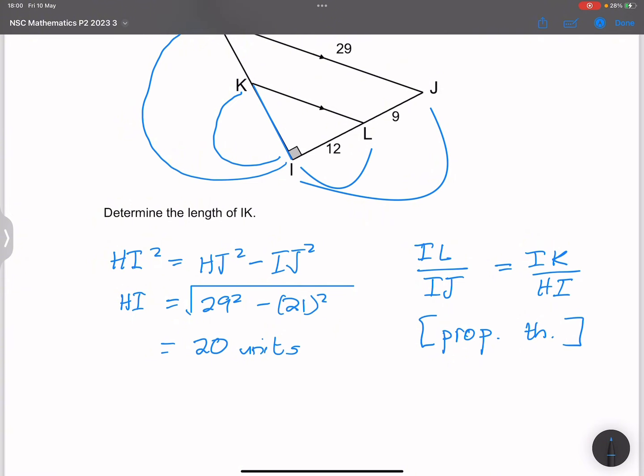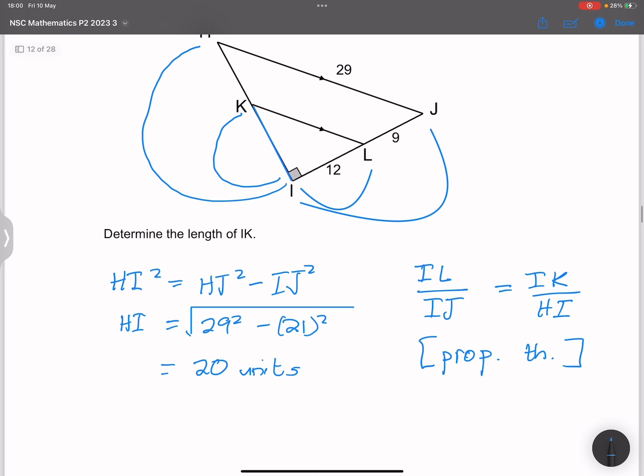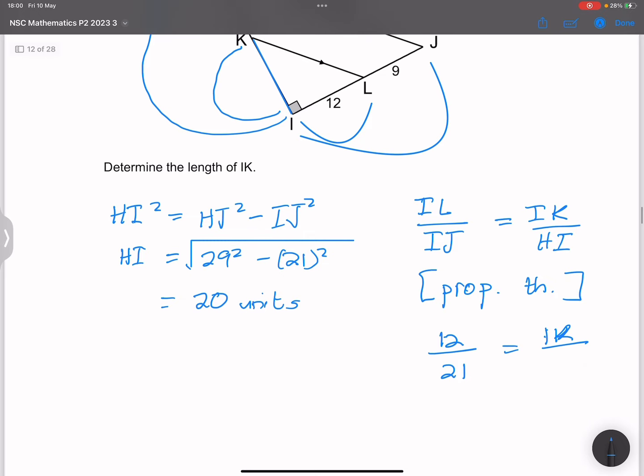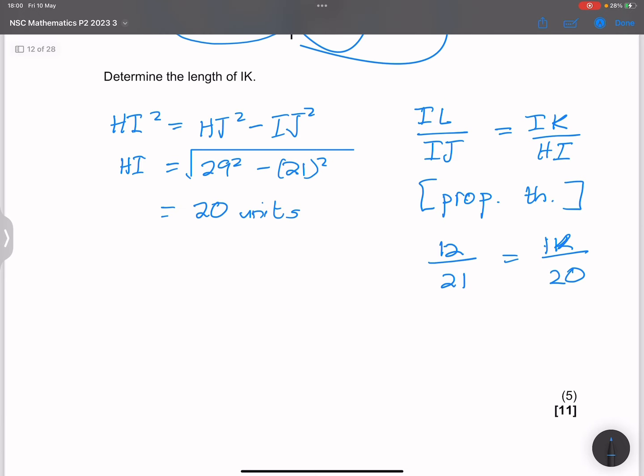Right, so in this case, I know that IL is 12. IJ, we said that's 21, the total length there, that's 12 plus 9. And then IK is what we are looking for, divided by HI, we just found that to be 20 units. All right, so let's work out the value of IK.